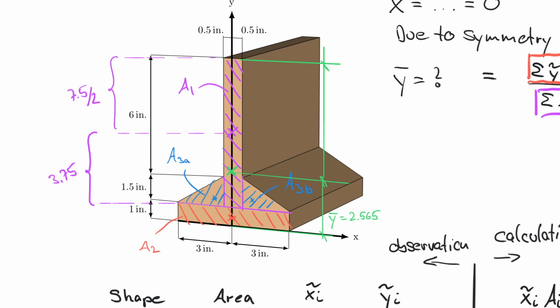And that would be equal to 8.5 minus 2.565. And you may ask yourself, why is he showing us this? But often the problems ask you for the distance either from the bottom or from the top.